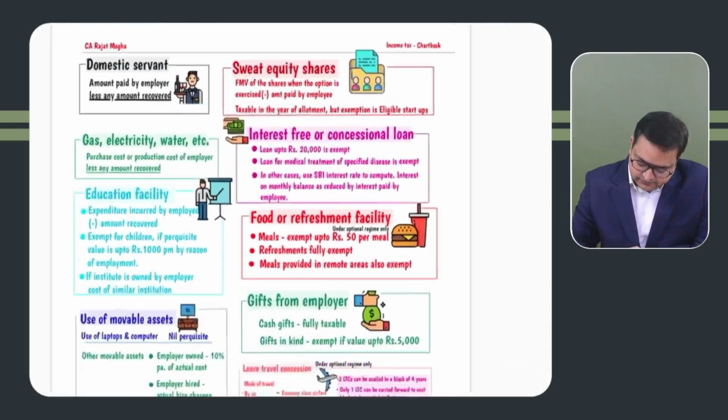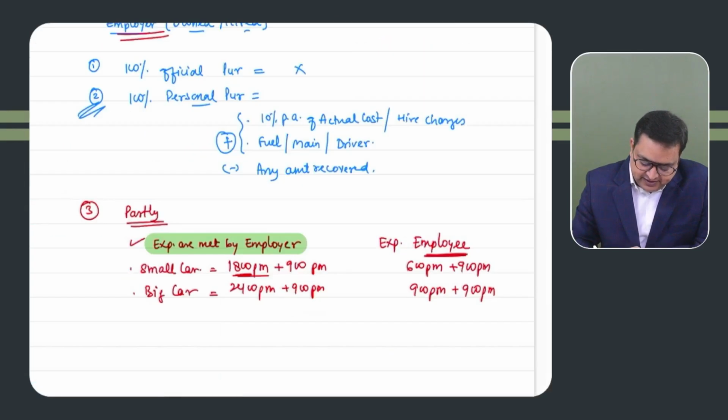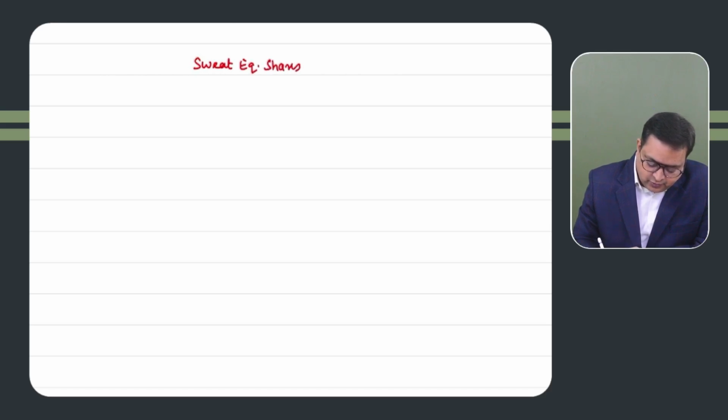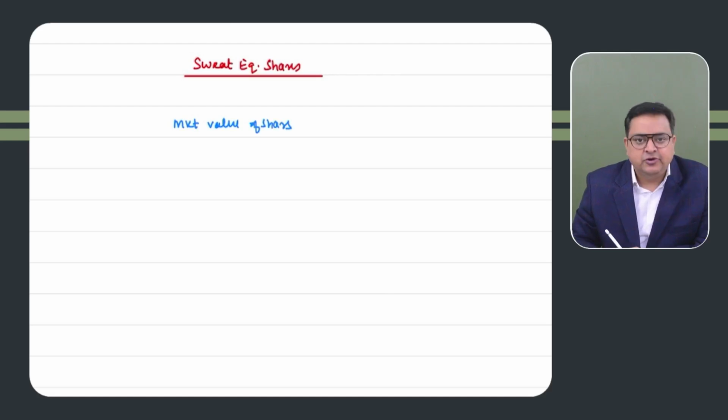Sweat equity shares, very important. One of the examiner's favorites. See, whenever sweat equity shares are given to you, what are sweat equity shares? These are simple equity shares which are given to the employee. So whatever is the market value of the shares would be your perquisite, minus any amount recovered.